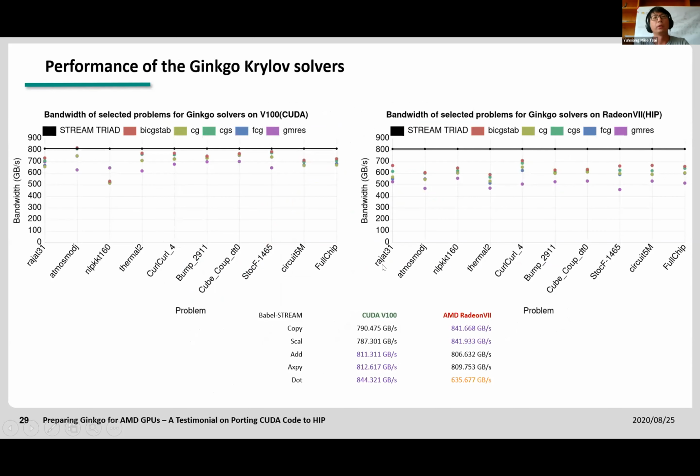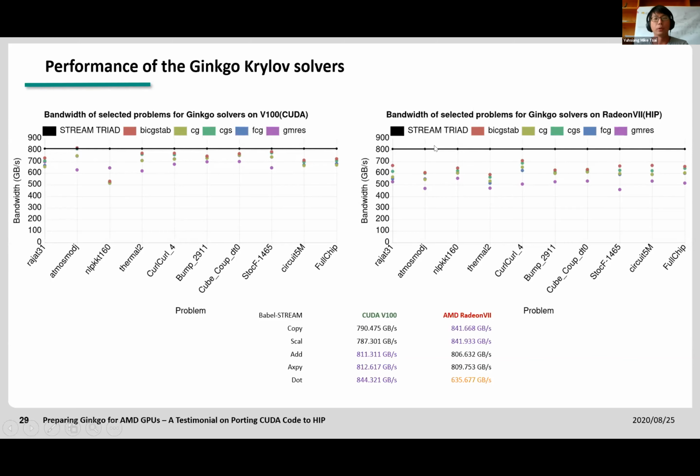We also compare our Ginkgo Krylov solvers. The bright line is the theoretical, practical bandwidth here. We use the BabelStream to test it, and also we compute our bandwidth for BiCGSTAB or CG or GMRES. On NVIDIA V100, we are close to the practical bandwidth: we can get like 85% to 90%, or even very close to the practical one.